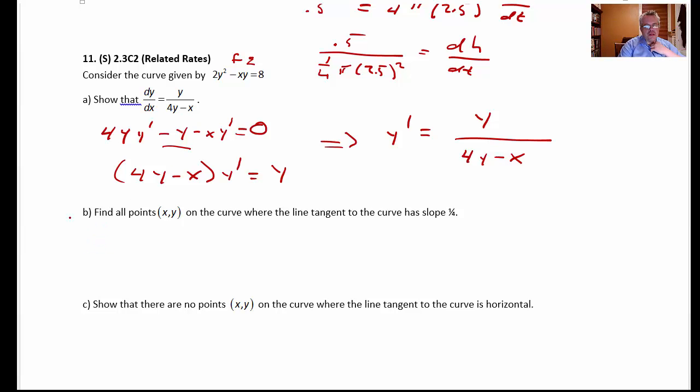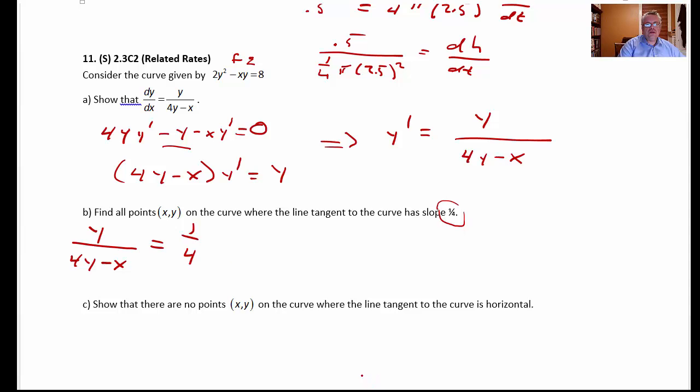Now, these questions are kind of new, and this is in the stretch, but they use our result from part A. It says, find the points on the curve where the line tangent to the curve has slope 1/4. Well, this is the equation for the slope of the tangent, so we set it equal to 1/4. Y divided by 4y minus x equals 1/4.